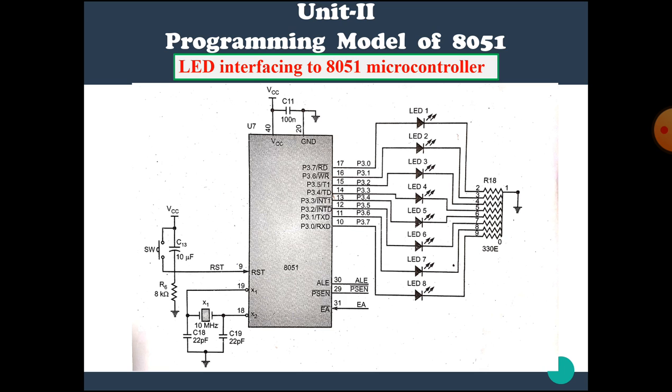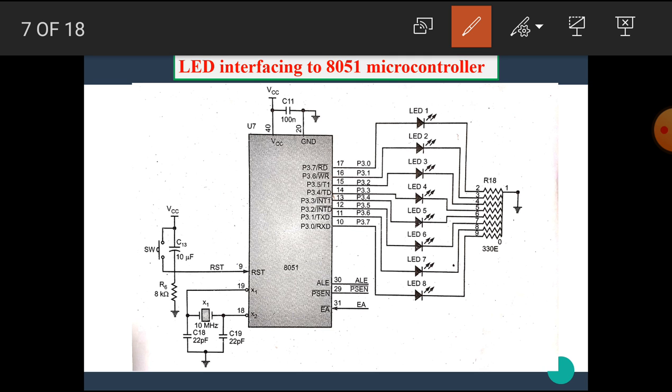Now, this is the general diagram of LED interfacing. Let's see the description of this diagram. In this diagram, pin number 9 is connected with the reset circuit. When we reset the microcontroller, it comes to its initial value.